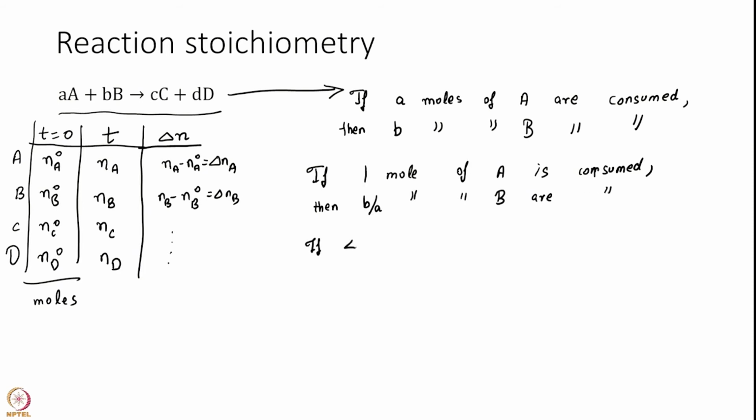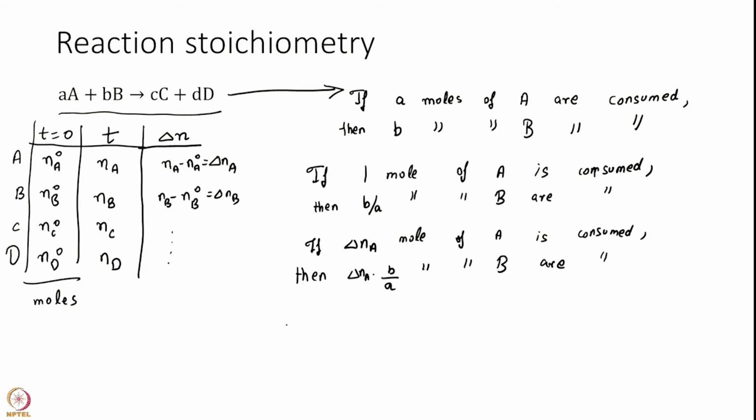If delta Na moles of A are consumed, then delta Na into b over a moles of B are consumed.